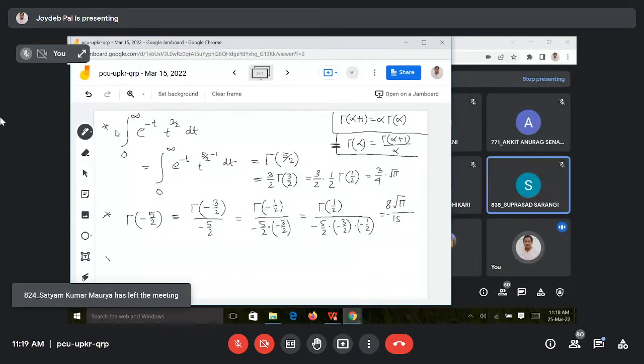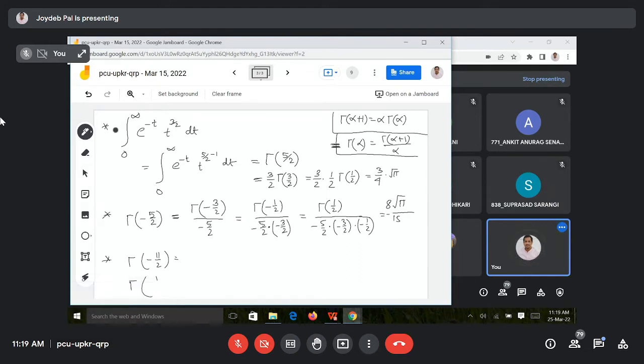Or sometimes it may be asked what is gamma of minus 11 by 2, or it may be asked what is the value of gamma of 11 by 2. But if the form of alpha is not something by 2, then we will not get a proper value of gamma.